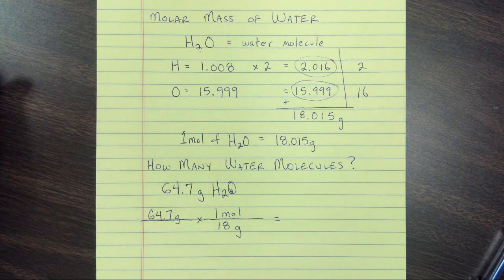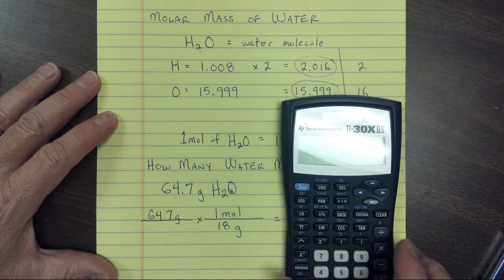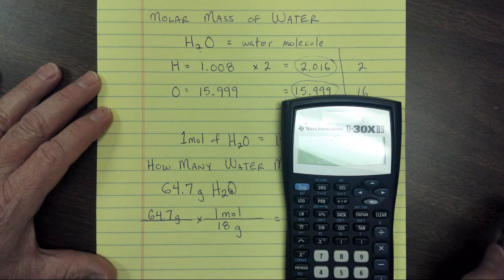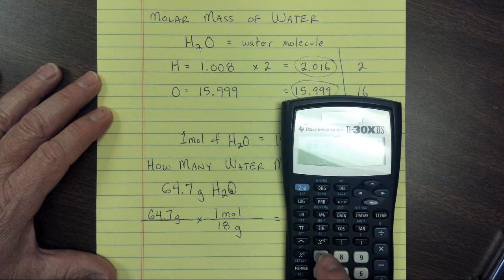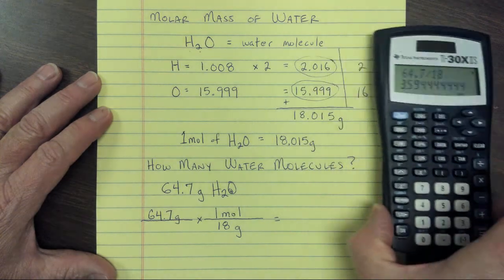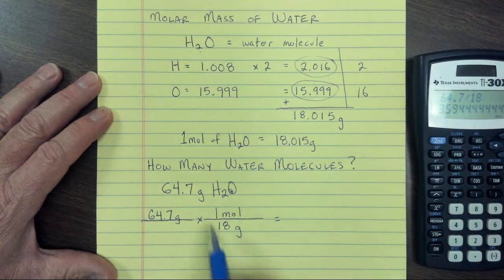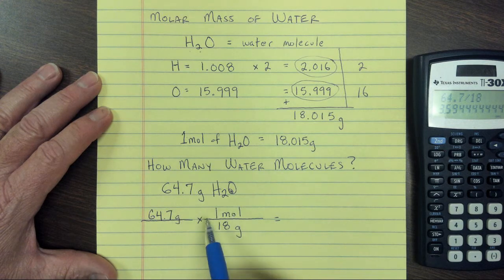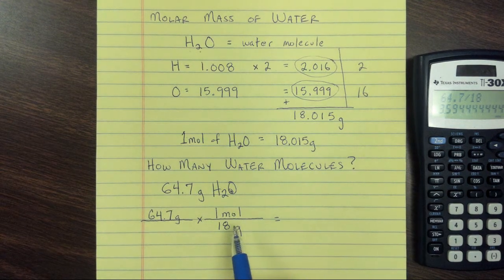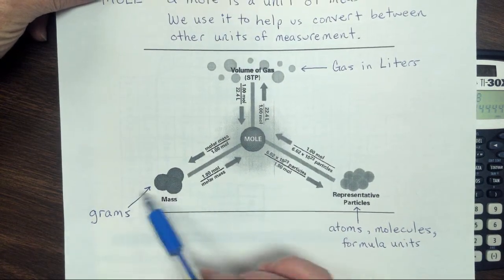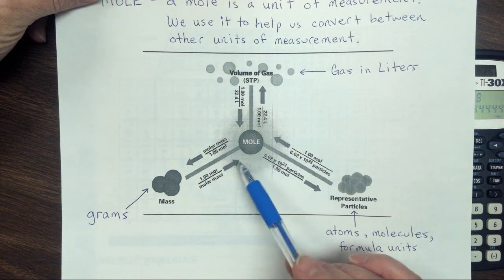And I could just take my calculator and I could say, okay, let's take a peek here. I know watching me do calculations is boring, but 64.7 divided by 18. Okay, so what I just did was I multiplied my number of grams of H2O by the conversion factor, that fraction right off my mole map that points from the mass of something to how many moles that is.